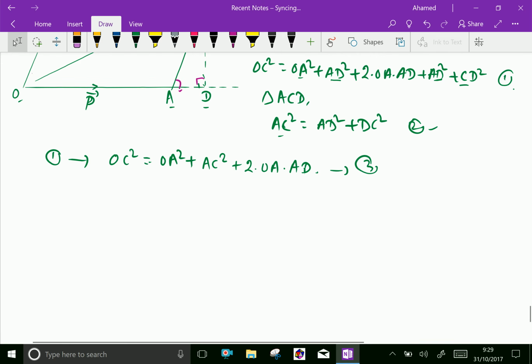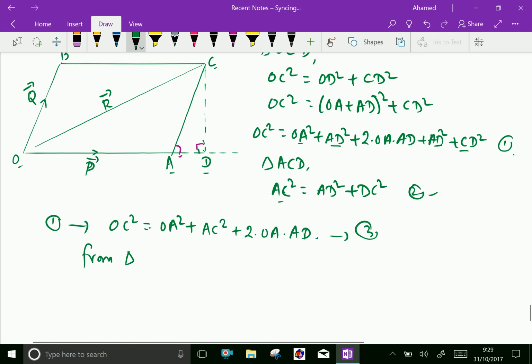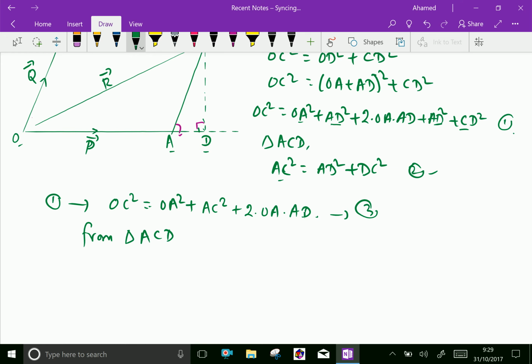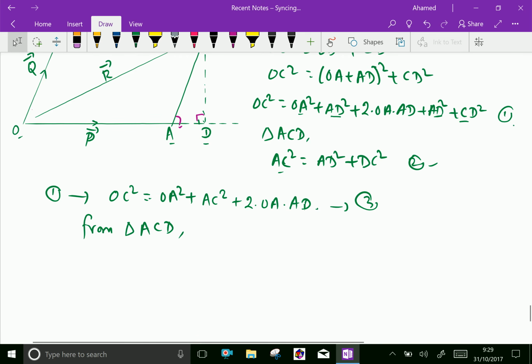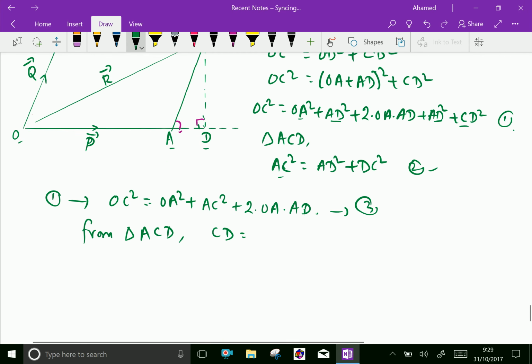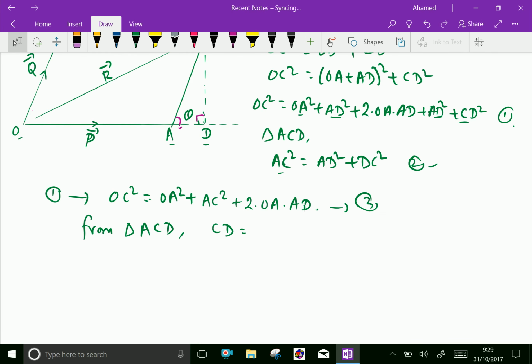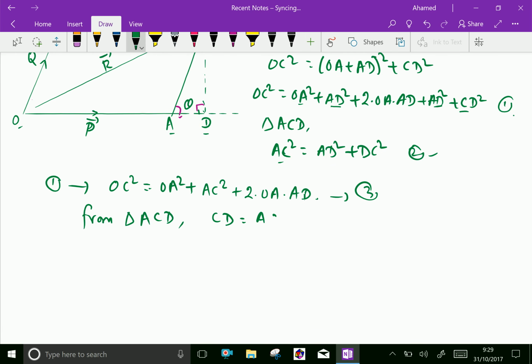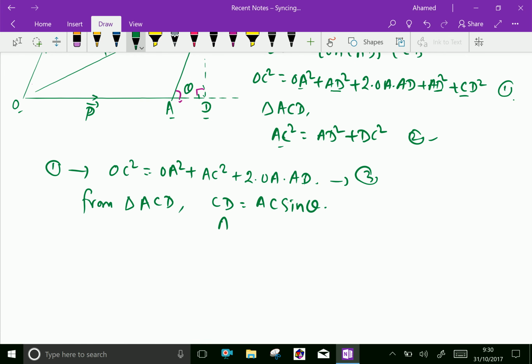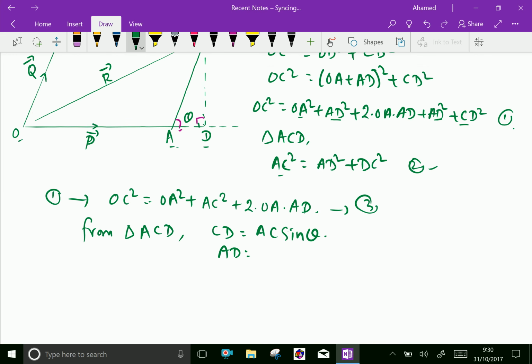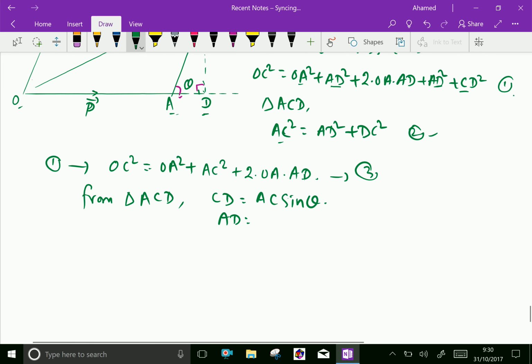Now from right triangle ACD, put theta here. CD equals AC sin theta and AD equals AC cos theta.